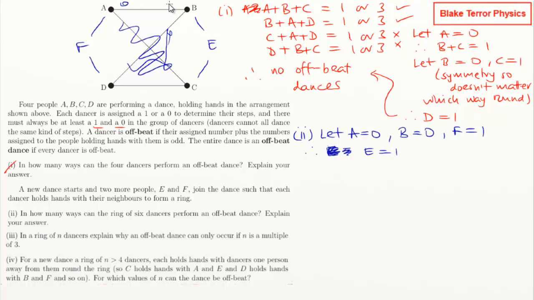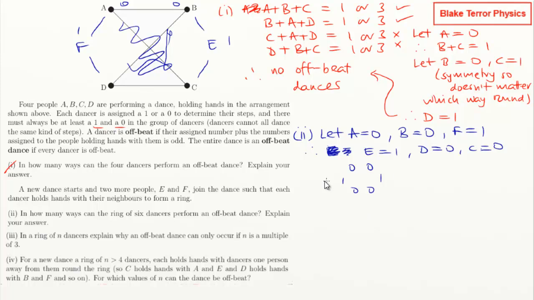Because if we've got 0, 0, that's got to be a 1 for B to work as offbeat. D would have to be 0, and C would have to be 0. So that actually works. We'll be going 0, 0, 1, 0, 0, 1.